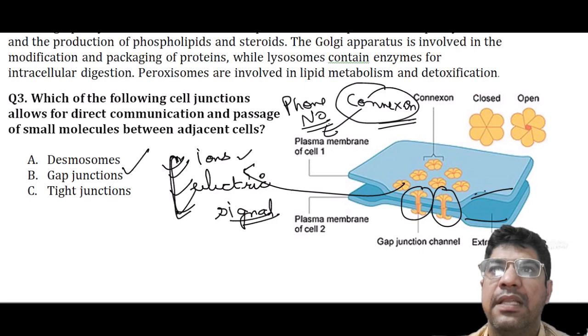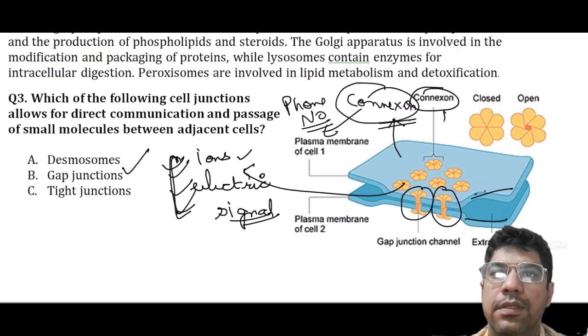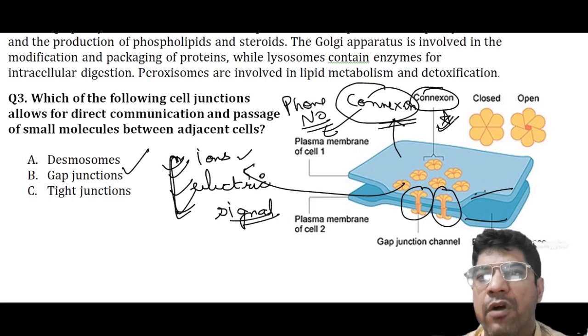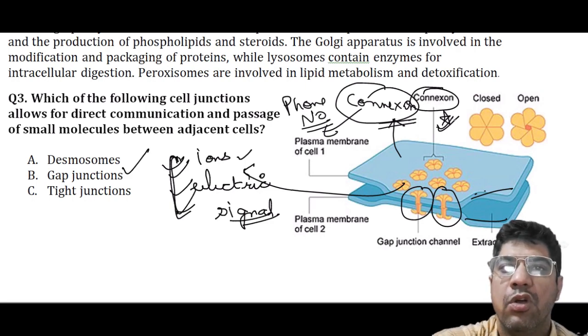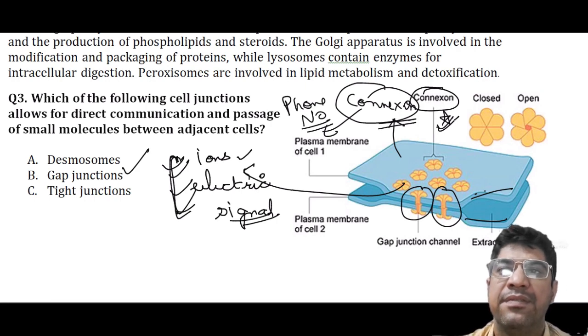Multiple connexins connect together to form a connexon. These are just like walkie-talkies that allow cells to directly talk to each other. Gap junctions help with the transmission of electric signals between nerve cells.